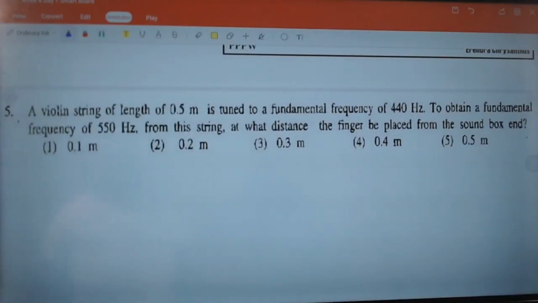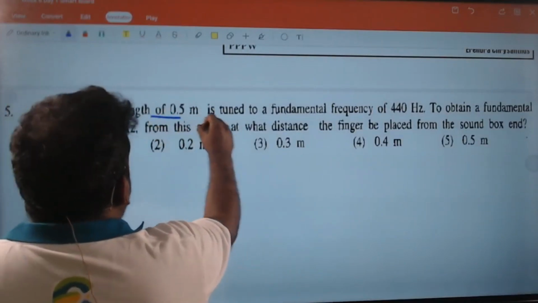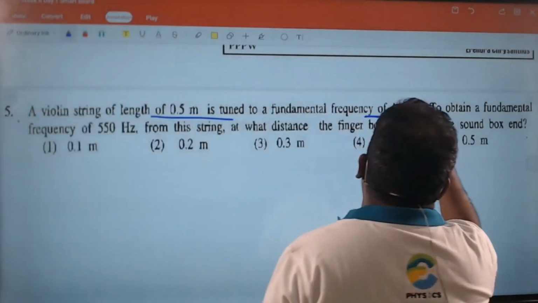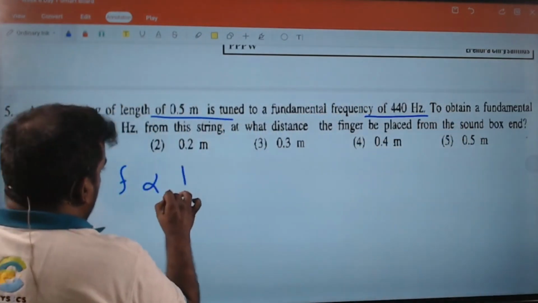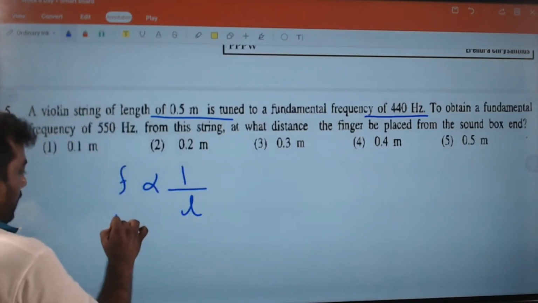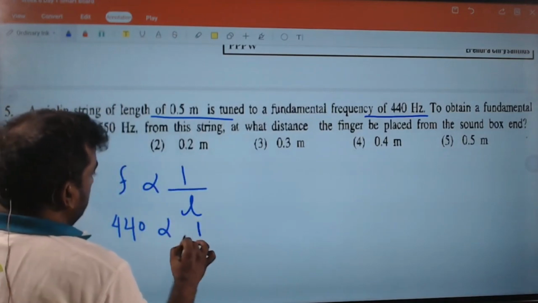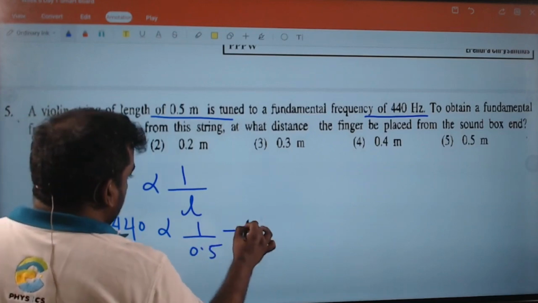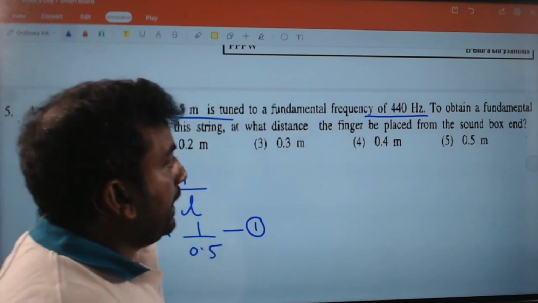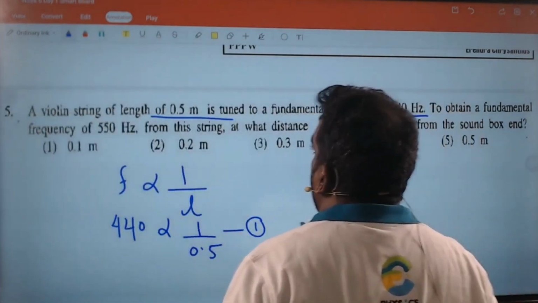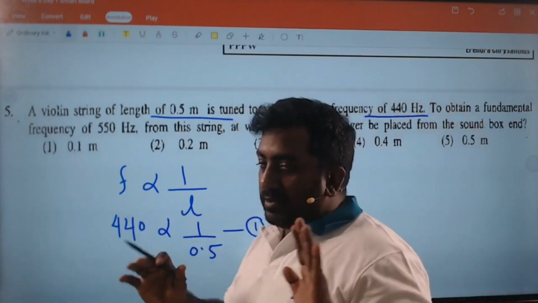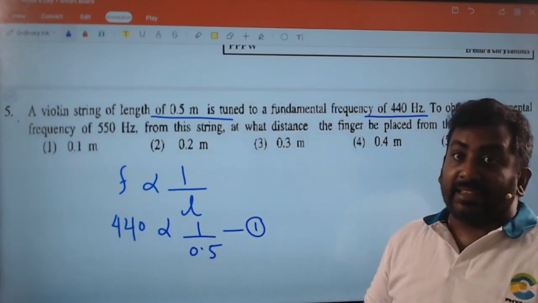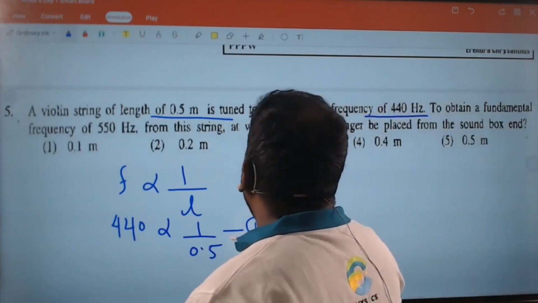A violin string of length 0.5 meter is tuned for a fundamental frequency 440. So all of you know F is proportional to 1 over L. 440 proportional to 0.5, equation number 1. To obtain a fundamental frequency of 550, at what distance should the finger be placed? Now the mistake in this question is they have not told from what end.